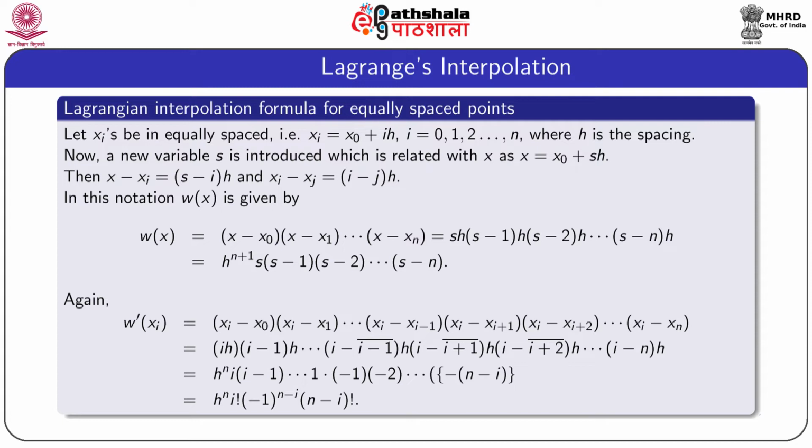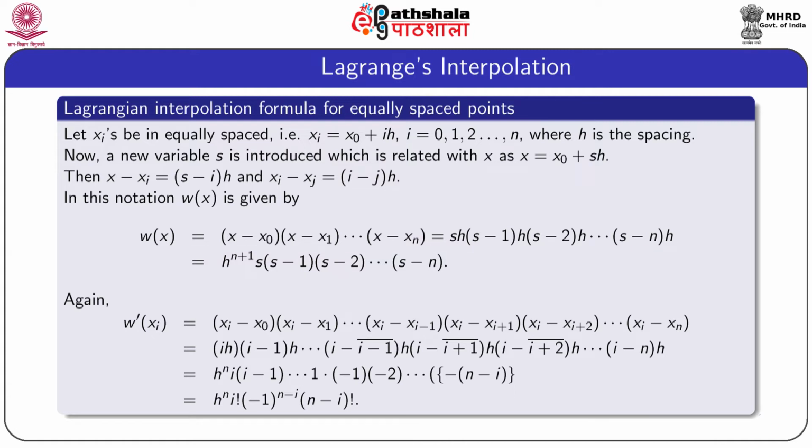So, for this assumption, x minus xi equals (s minus i) into h and xi minus xj equals (i minus j) into h. Using this in the notation, w(x) becomes (x minus x0) into (x minus x1) up to (x minus xn), and this is equal to s h, because x minus x0 is s h, then (s minus 1) into h, then (s minus 2) into h, up to (s minus n) into h.